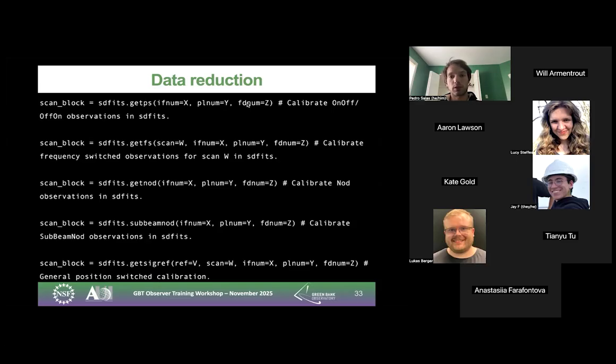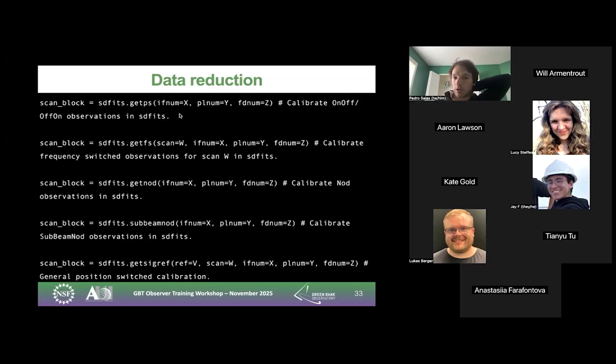And in some cases, you might also have to specify a feed number. Actually, in all of the cases, but this one you don't really need to provide a feed number. So those are the minimum.